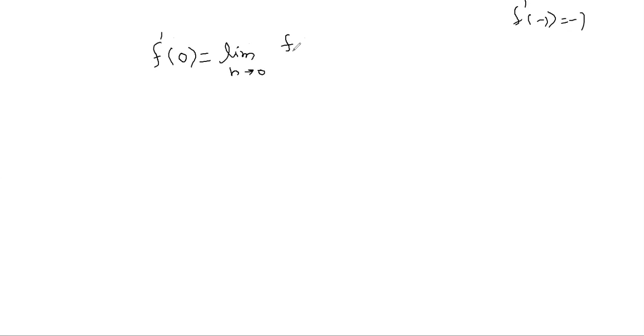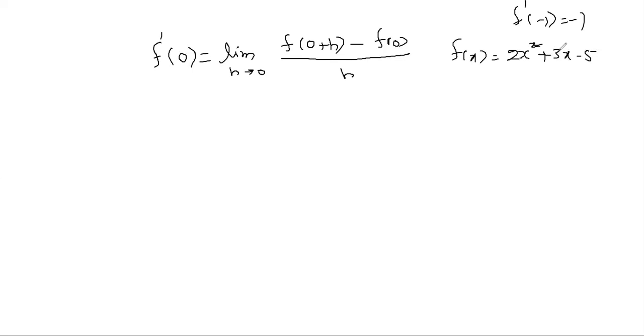And f dash 0 means f 0 plus h minus f 0 divided by h, and the value of the function is fx is equal to 2x square plus 3x minus 5.